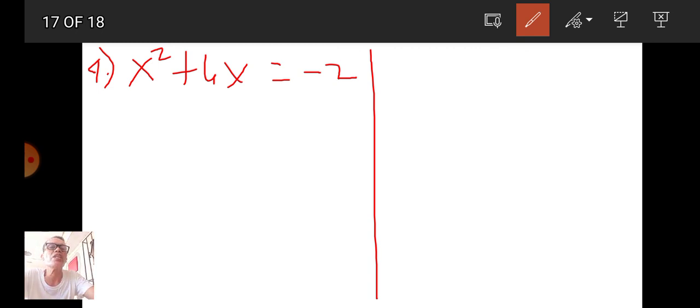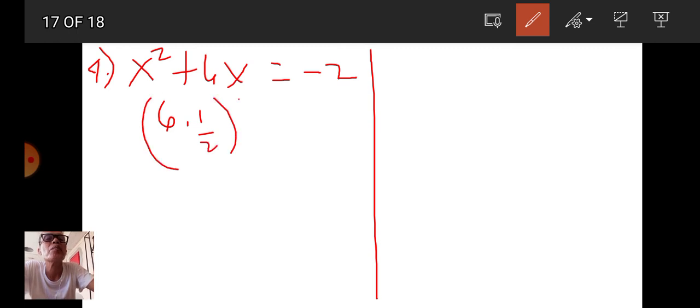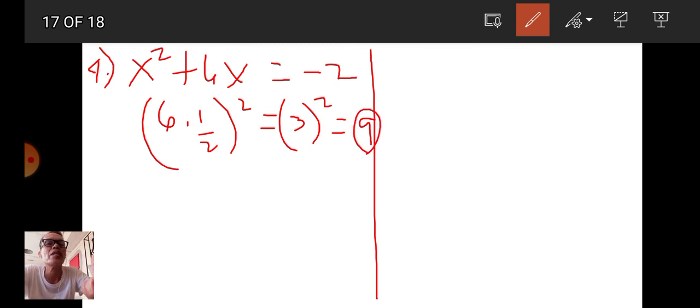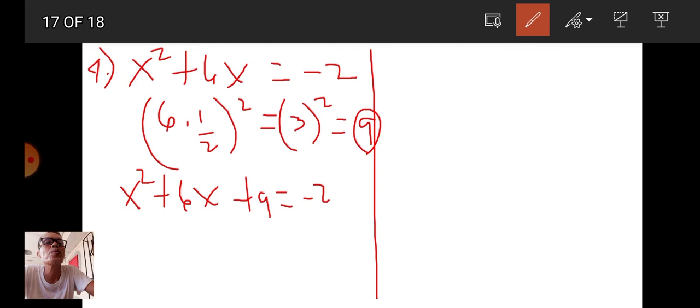Now, the constant term is already on the right side. So, to complete the square, you are going to multiply 6 times 1 half quantity squared. You will have 3 quantity squared equals 9. So this is the number that you are going to add to complete the square. So you will have x squared plus 6x plus 9 must be equal to negative 2 plus 9.